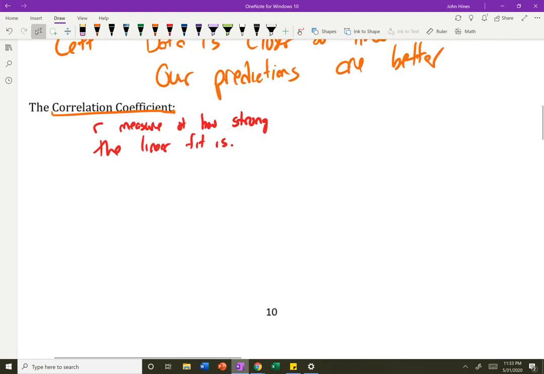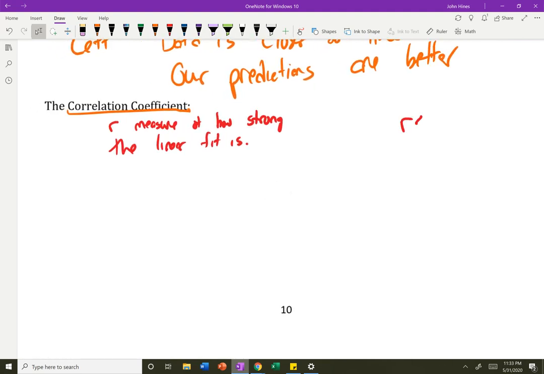And the way that it tells us this is it's trapped between 1 and -1. R has to be between -1 and 1. R equals -1 is a perfect negatively sloped line. All the data is perfectly in a line, and the line of best fit goes through every single point.